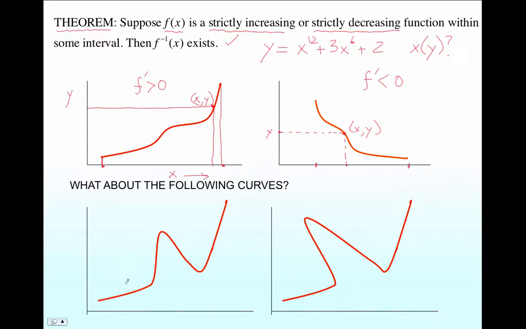So let's look first over here. You see that if I give you this value of y over here, then the values of x that can correspond to that are this over here, or this over here, or this over here.